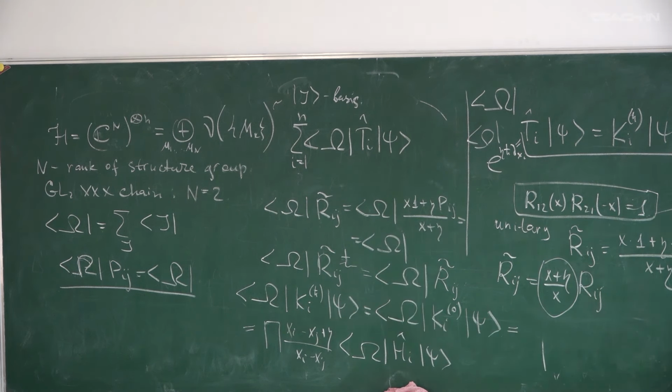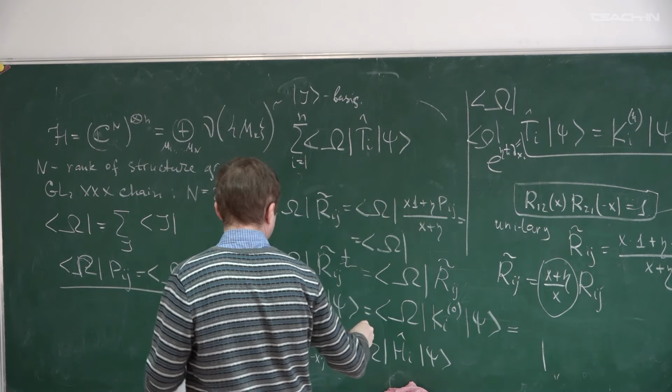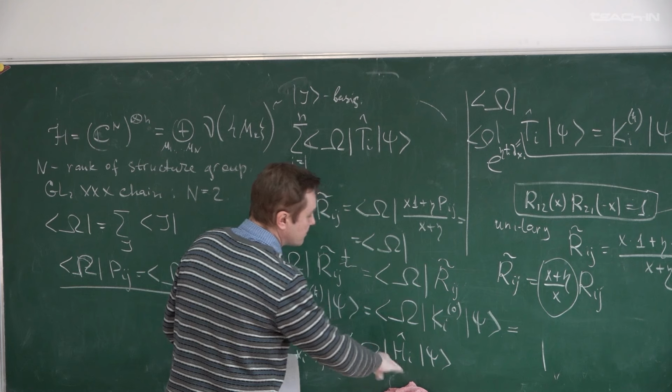And after summing up all these equations, you will obtain the sum of Hamiltonians of quantum spin chain.